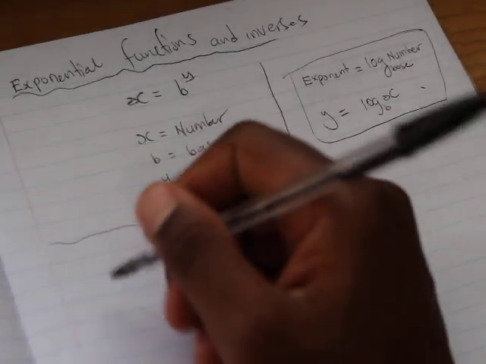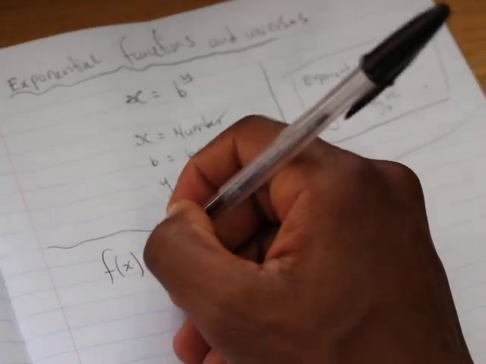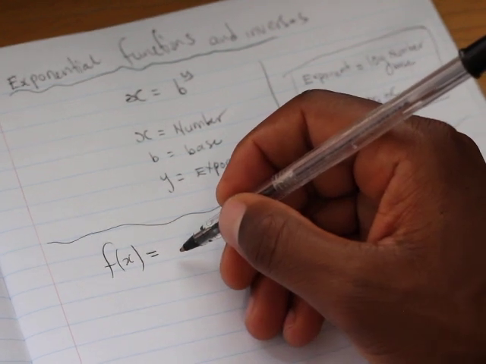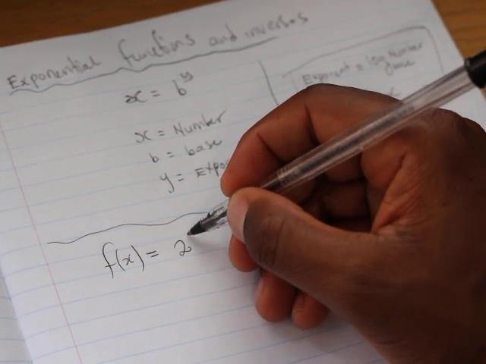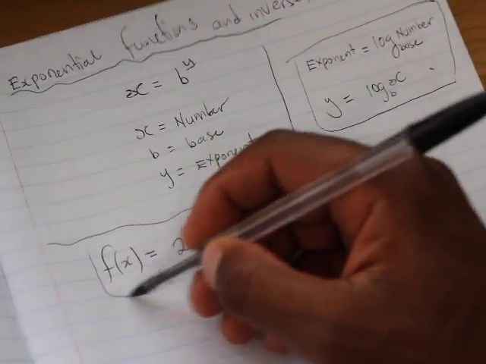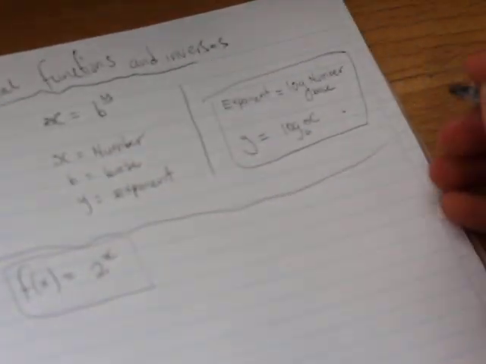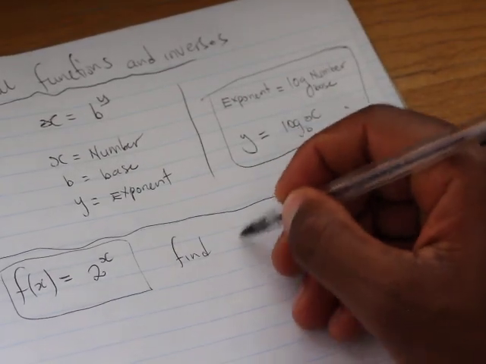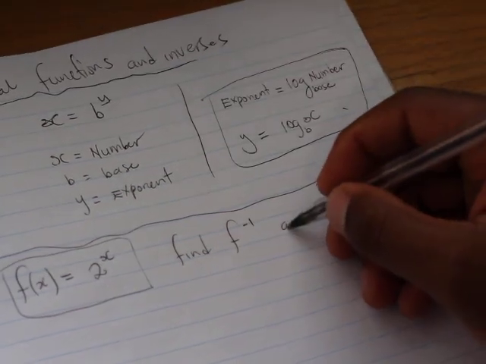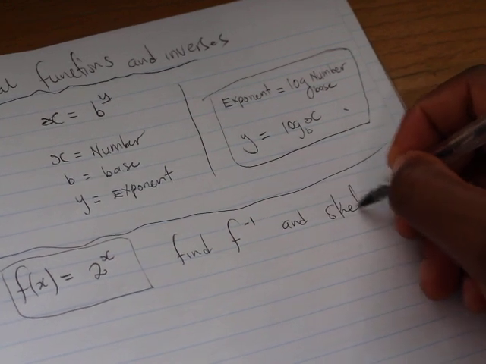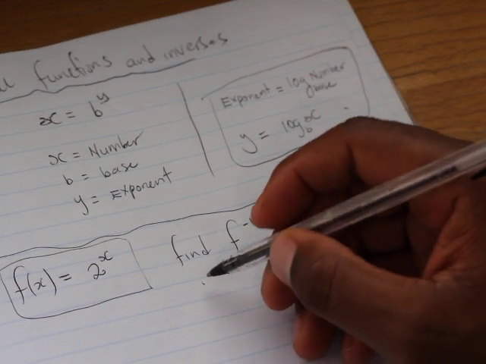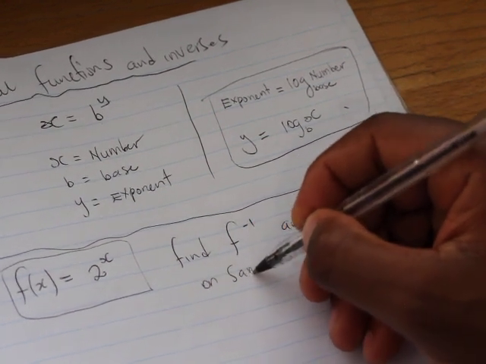Now let's say we're given the function f of x is equal to 2 to the exponent x, which is the most basic one. You're asked to find the inverse, and sketch f inverse and f on the same set of axes.